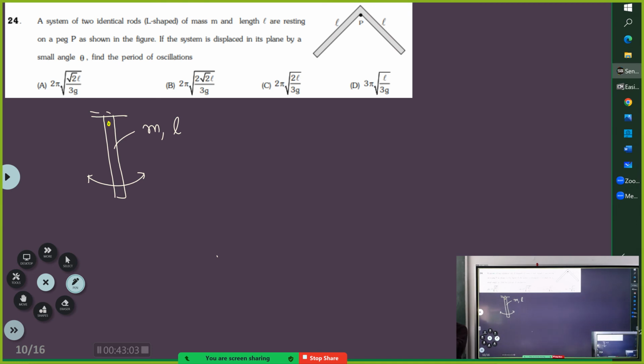Can you handle this? So you find out the frequency of this, omega of this. Then we can do this properly. Then we can solve this problem.